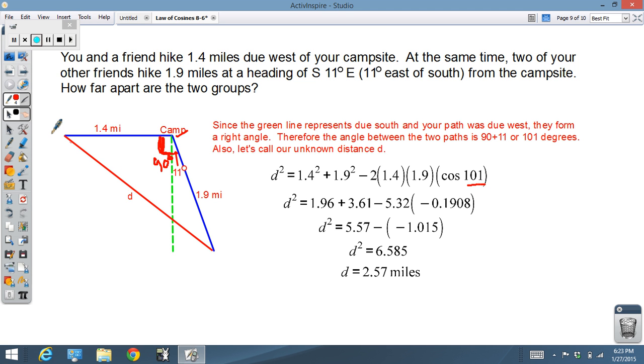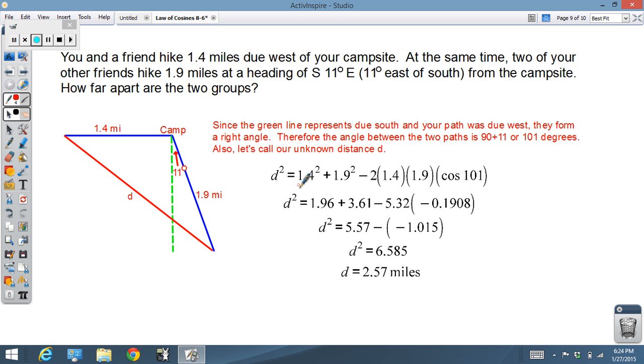Let's call this opposite side D, just for something to call it, and recognize our pattern again now. Since I know this angle, I can solve for side D using D squared over here and its opposite angle over here with whatever's left in those other spots in the formula. Okay, so you can follow along again with how that works.